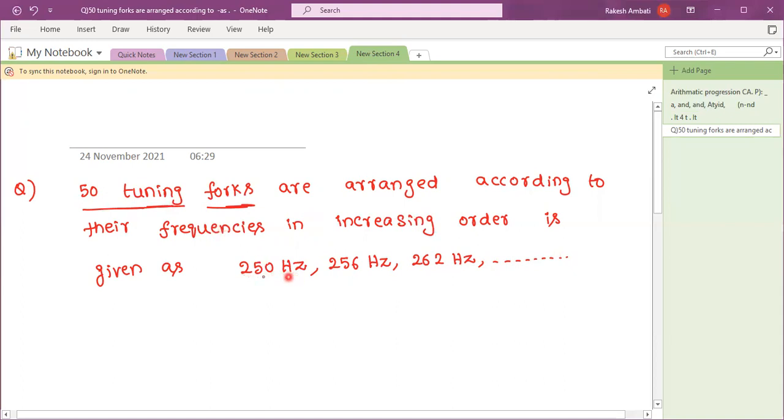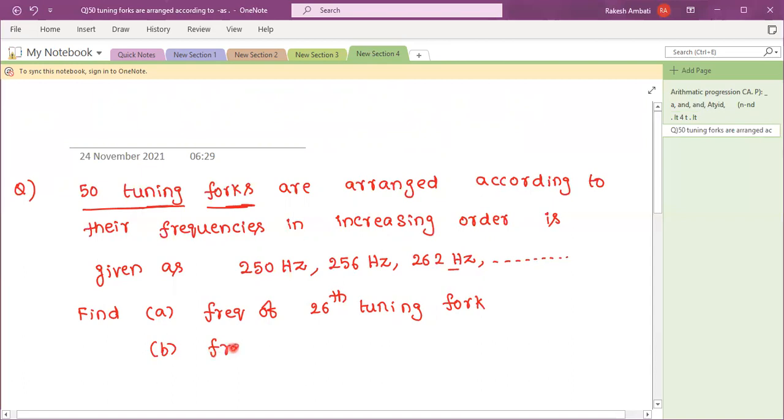So it is the frequency of the first tuning fork, the frequency of the second tuning fork, the frequency of the third tuning fork. In that way, totally we have 50 tuning forks. So find, first question, the frequency of the 26th tuning fork.